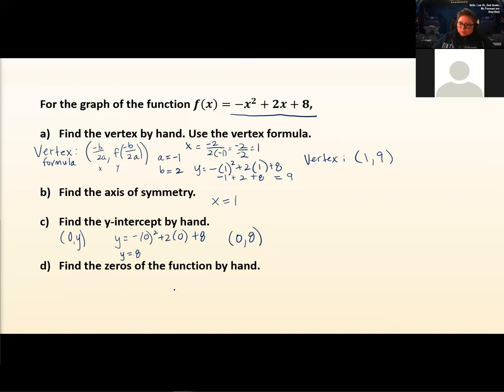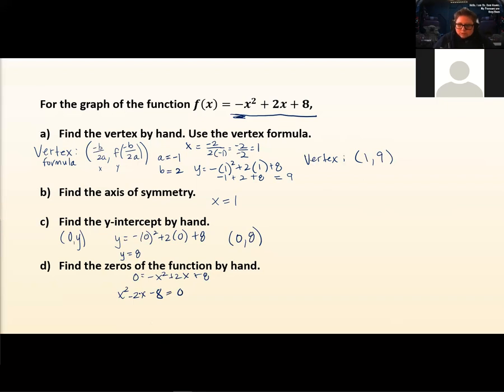And then for zeros of the function, doing it by hand, because this is a negative right here, I would suggest moving everything to the other side. So if you have 0 equals negative x squared plus 2x plus 8, I move everything over, so it's x squared minus 2x minus 8 equals 0.